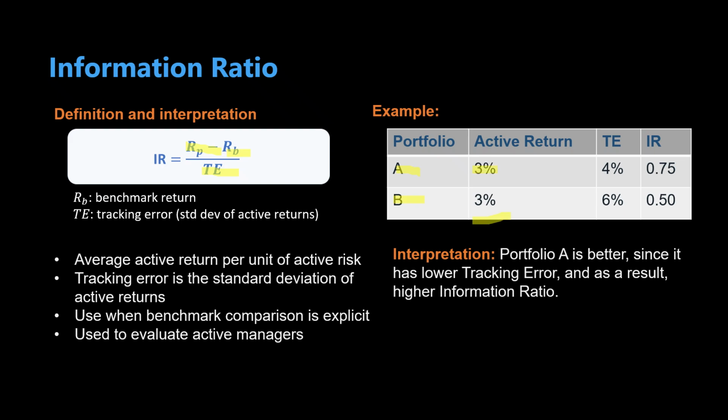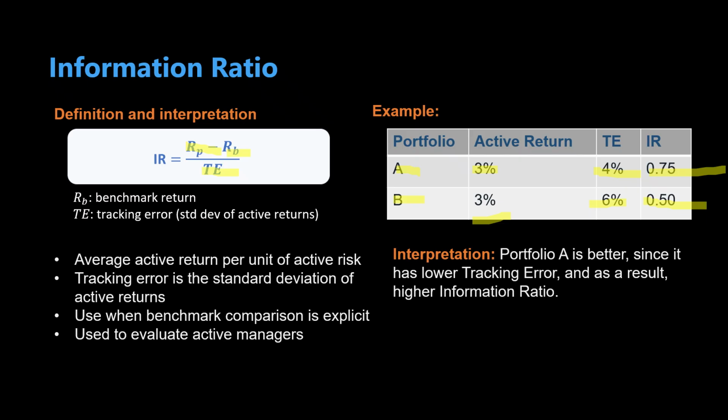But portfolio A has a tracking error of 4%, while portfolio B has a tracking error of 6%. The result is that portfolio A's information ratio is 0.75 versus an information ratio of 0.5 for portfolio B. Therefore, portfolio A is managed significantly better. It generated the same return with less deviation from the benchmark.